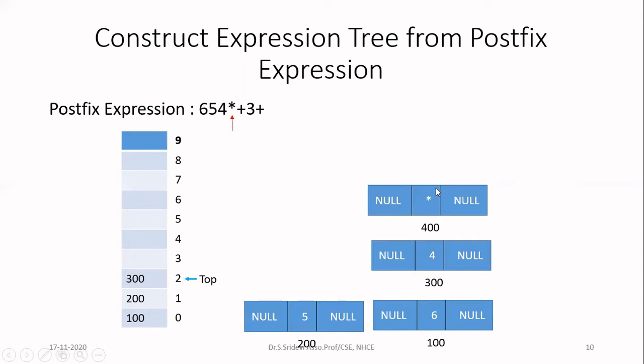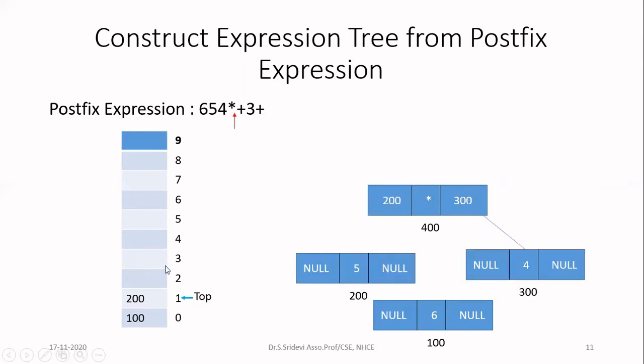After that, I have to update the pointers properly. So now it is a binary operator. That means that it will have 2 operands. So the address of the 2 operands will be inserted in the left child and then the right child pointer fields. So for that, I have to pop now 2 pointers from the top of the stack. So first, I'm going to pop the first pointer. It is 300. So that 300 will be inserted as a right child.